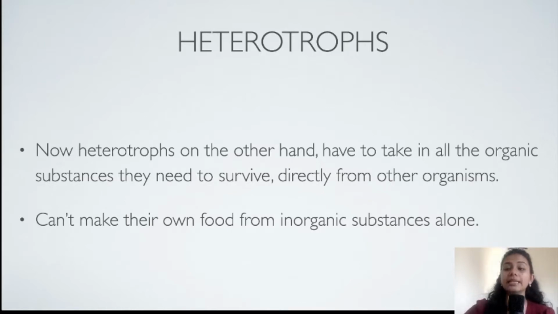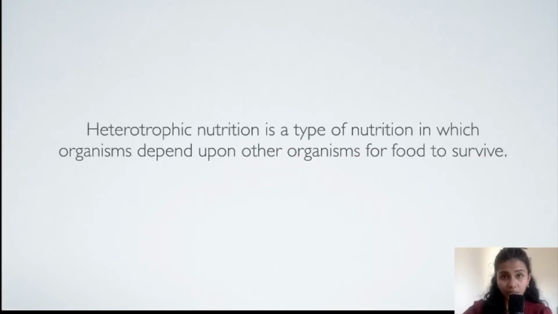So if we define heterotrophic nutrition, it is a type of nutrition in which organisms depend upon other organisms for food to survive. They don't do it on their own.